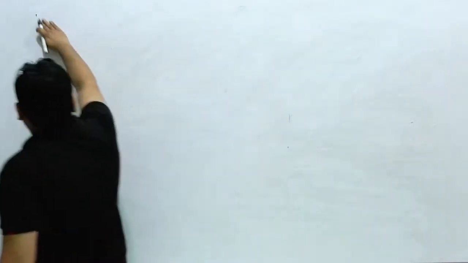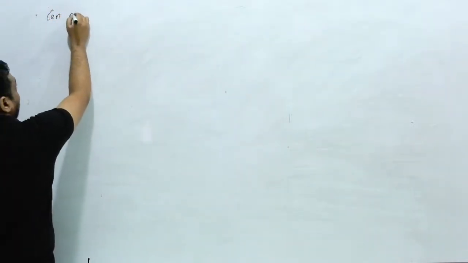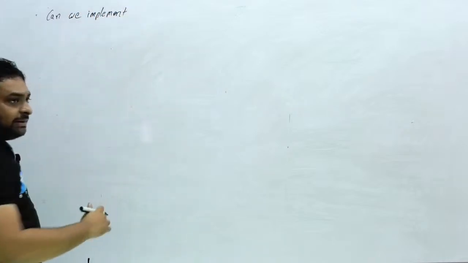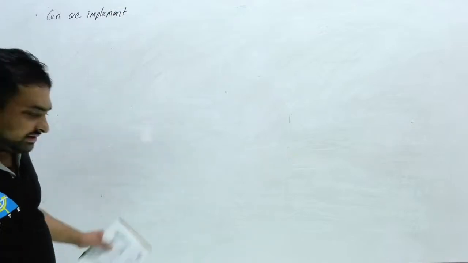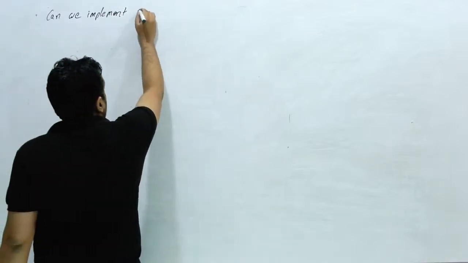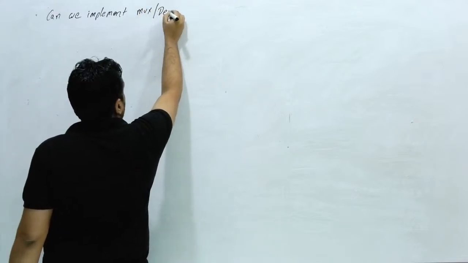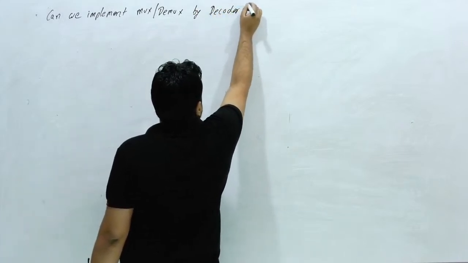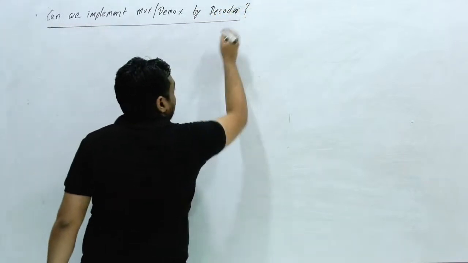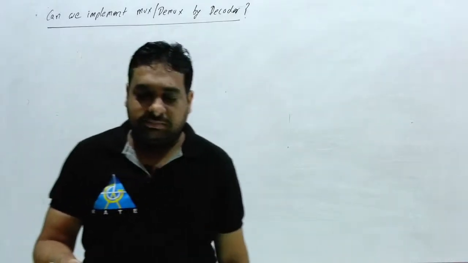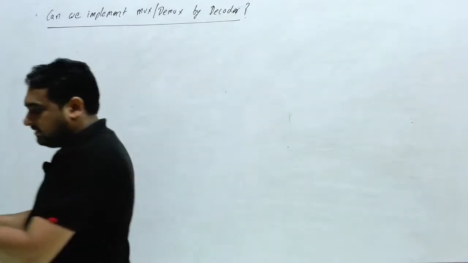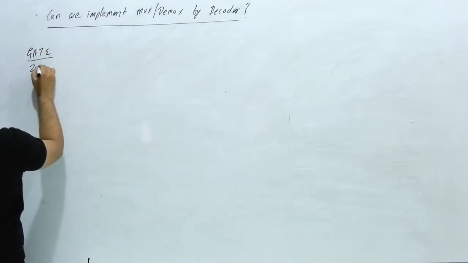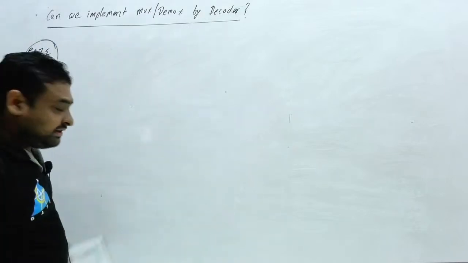Now my question: can we implement a multiplexer or demultiplexer by a decoder? Can we implement a multiplexer or demultiplexer by a decoder? This is a previous year GATE question, GATE 2016 again. Okay, now the next question.